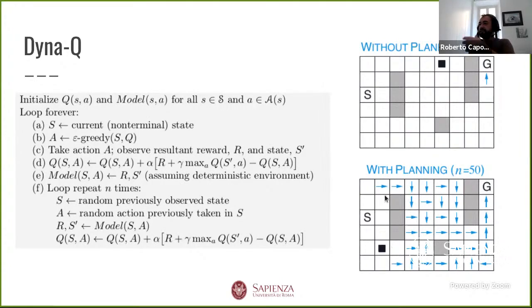But if you have visited previously other states in the same iteration of this DynaQ algorithm, you can perform updates for all these states that have been previously visited. So this is a major improvement in the fact that you can more rapidly propagate the information coming from this last step that you took to all the other states. And that's the idea behind DynaQ.